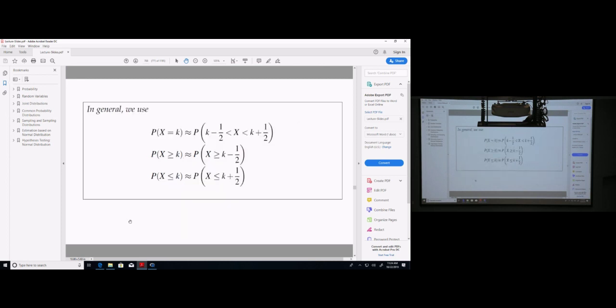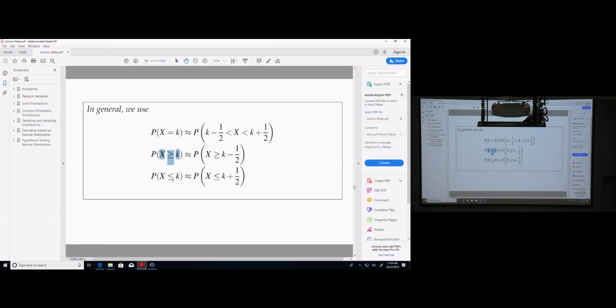Now it's a lot of things to remember, but actually you don't need to, because here the set itself corresponds to x equal to k, x equal to k plus 1, and so on and so forth. So you only need to deal with the k. But when it's k, your histogram actually goes a little bit beyond k to the left, and that would be k minus 0.5, all right?